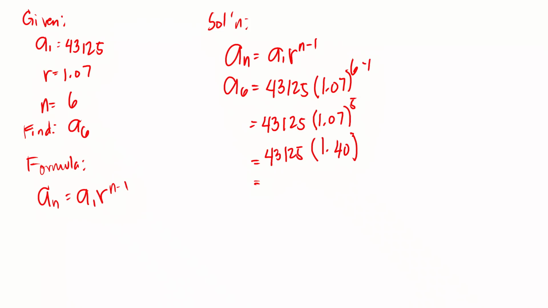So, una nyo pipindutin muna ay si 1.07 raised to 5. Press equal. So, lalabas is 1.402551731. Hayaan nyo po yun. Then, diretso multiply na po kay 43,125. So, press times 43125, then press equals.